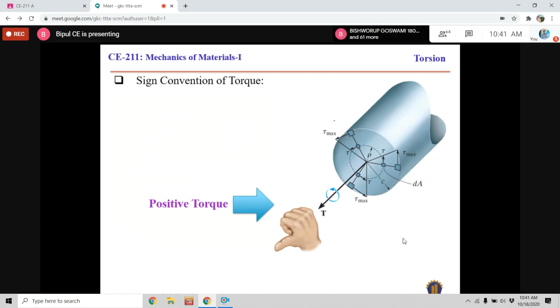That means if we apply a torque in the clockwise direction, the structure will be twisted clockwise, but the curling direction of the fingers is anti-clockwise. In that case, that torque will be negative torque.